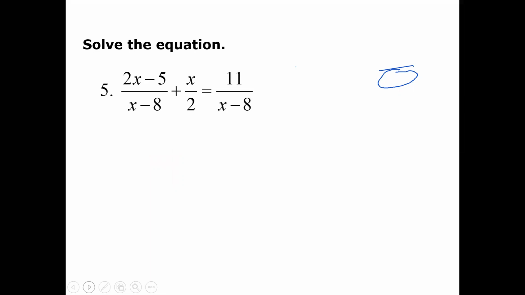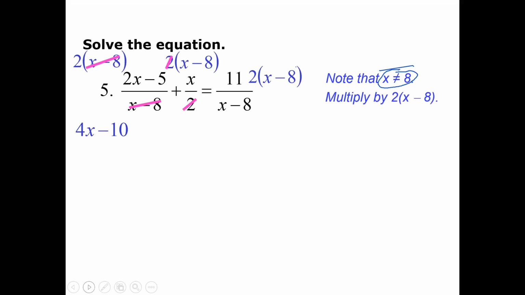Another example is 2x minus 5 all over x minus 8 plus x over 2 equals 11 over x minus 8. So this time, note that x should not be equal to 8. So we multiply it by the LCD, 2 times the quantity x minus 8, which will give you 4x minus 10 from 2 times 2x minus 5, and x squared minus 8x from x times x minus 8, and 11 times 2, which is 22.